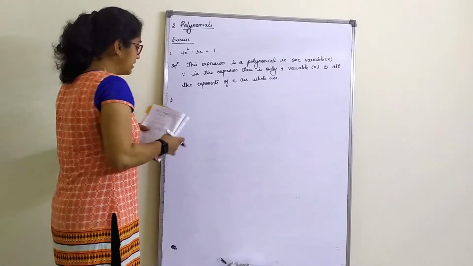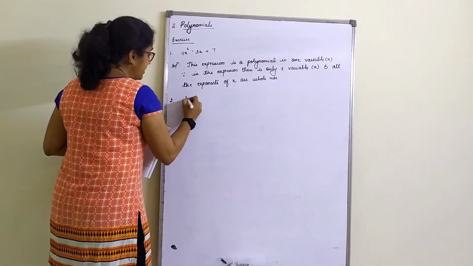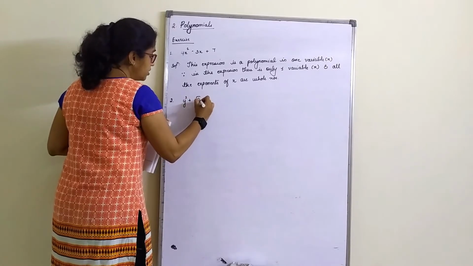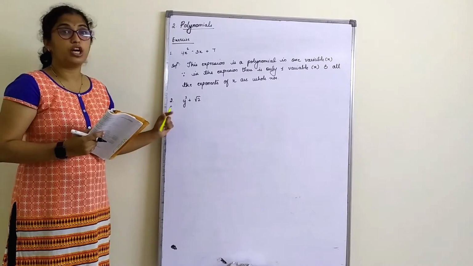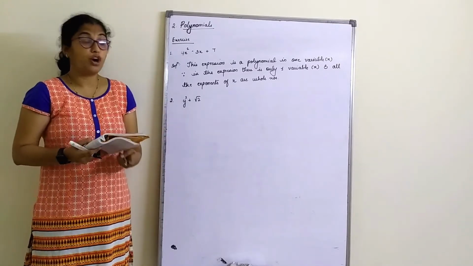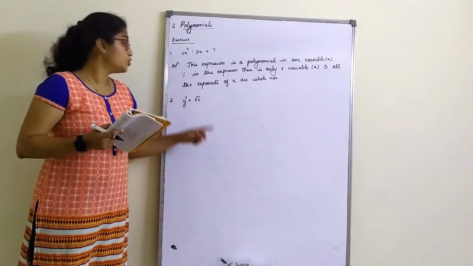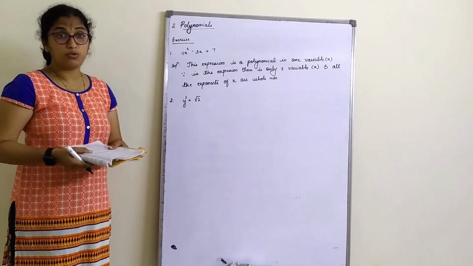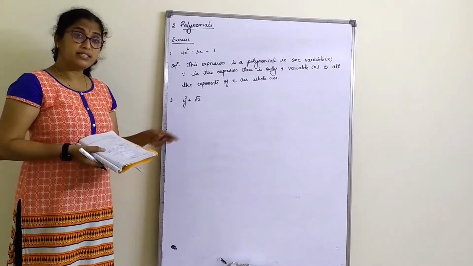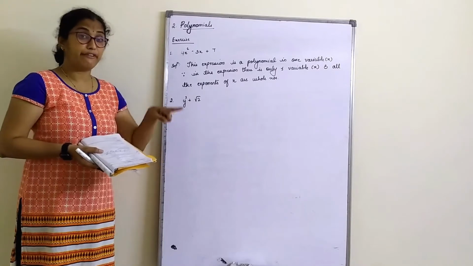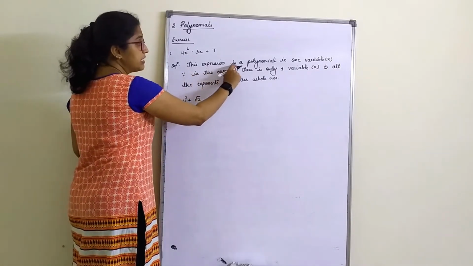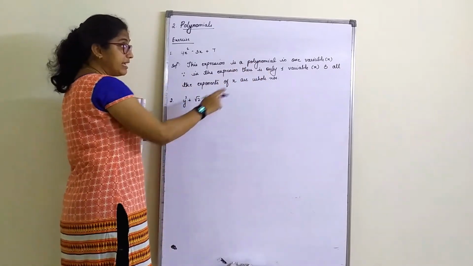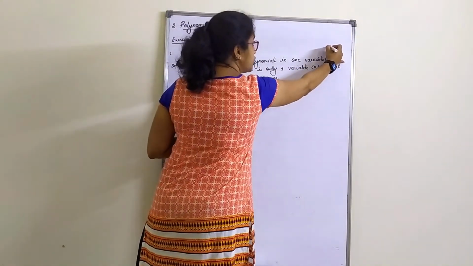Let's see the second one. The second one is y square plus root 2. I will not repeat this again, only if it is not a polynomial will I give one more statement. So y square plus root 2. Is this an expression of a polynomial in one variable? Yes. So you can write: this expression is a polynomial in one variable. What will you write here instead of x?